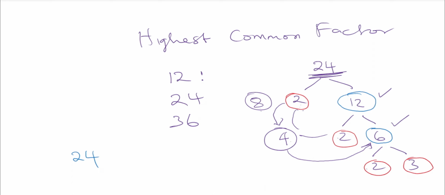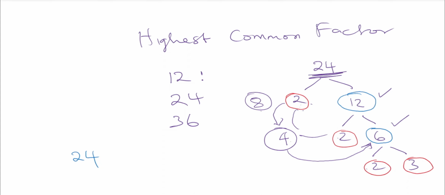So now we've broken down 24 as far as we can go. So we are now going to list out the unique numbers. Okay. A factor is a factor. If you have 2 and 2 and 2, you don't really need to list all the 2s because you are not finding the product of the number. You are just listing its factors.